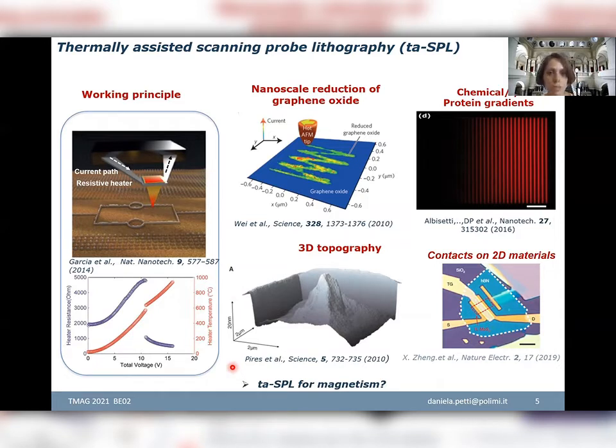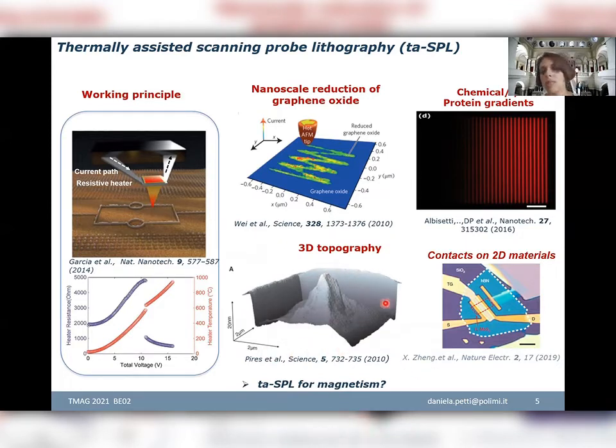Starting from the first proof of principle, different applications have been demonstrated. First of all, the nanoscale reduction of graphene oxide here in the center, in which conductive paths are patterned in the graphene oxide. Or the creation of a 3D topography by using the sublimation of a polymer and creating, for instance, this nice Matterhorn 3D figure.